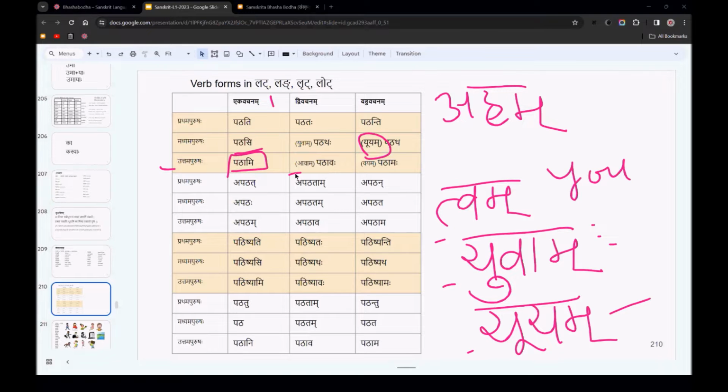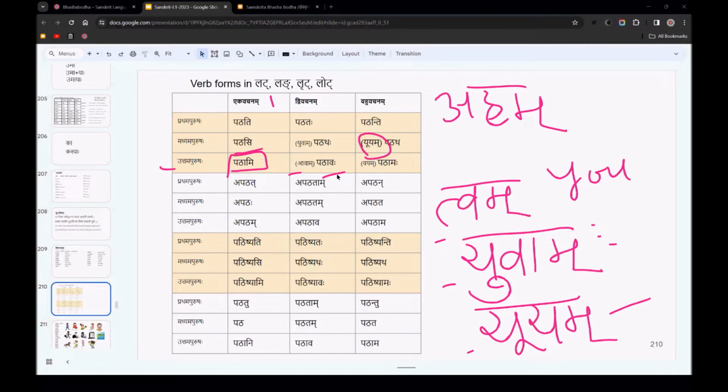And if the word is avam, then this pathavaha form is used. Avam pathavaha: we two of us read, or two of us are reading. And vayam pathamaha: many of us are, or we are reading.